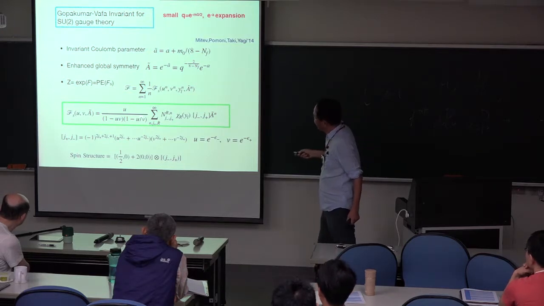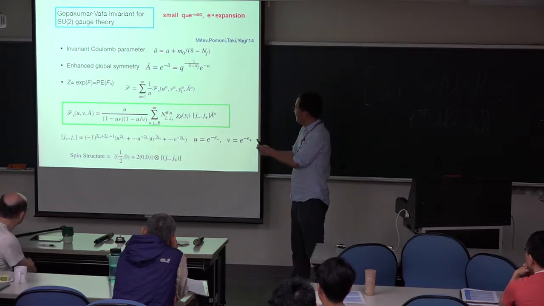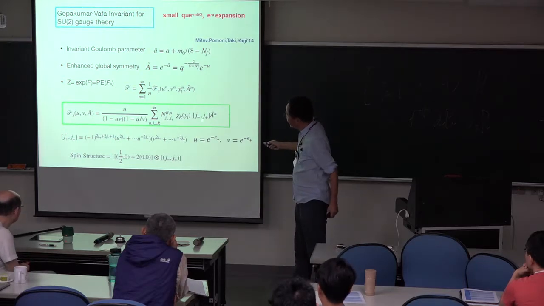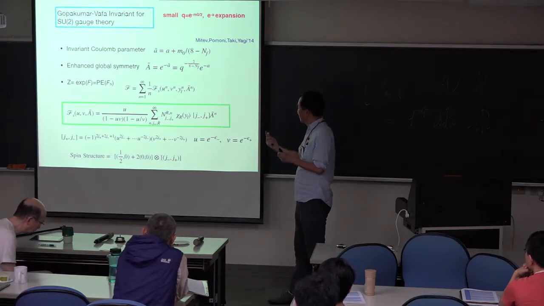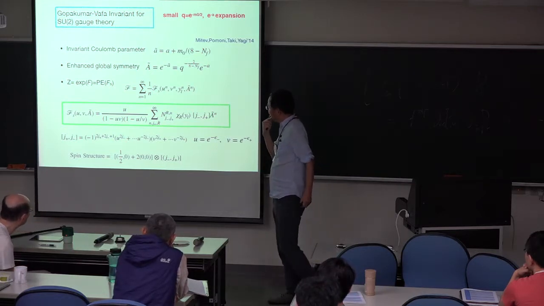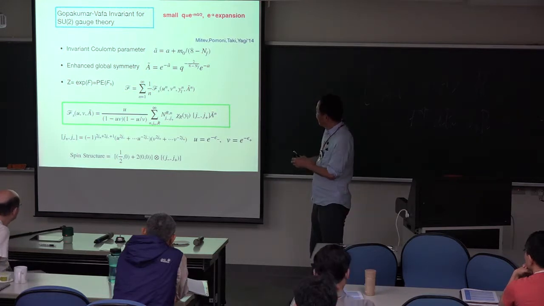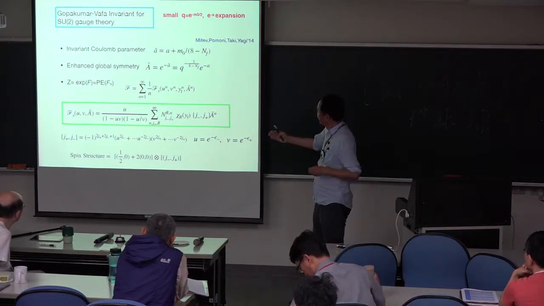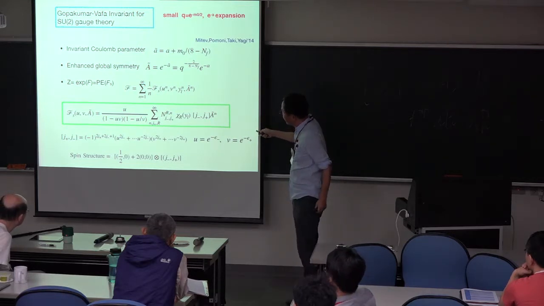And then this one counts basically the center of mass motion of a single BPS object. And then this J plus and J minus are counting the internal angular momentum of the dyonic instantons. And A tilde is counting basically the total dependence on the photon parameters.